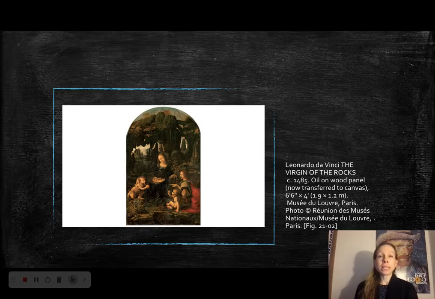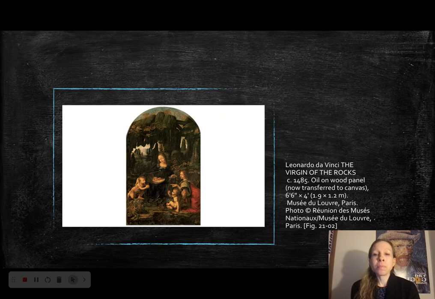Many of his paintings were left unfinished. Inventions were not always fully realized or completed. But he laid a lot of great groundwork, and the things he did do were very revolutionary.